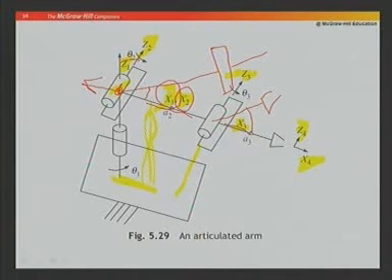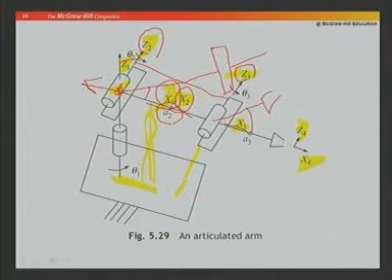The distance between Z2 and Z3, so this is your distance between Z2 and Z3, that is given as A2. So, in the table you see you have A2, and the last one is the angle between Z2 and Z3. Since Z2 and Z3 are parallel, obviously they have angle 0. So, alpha 2 is 0.